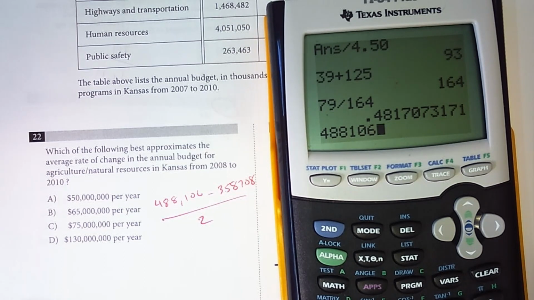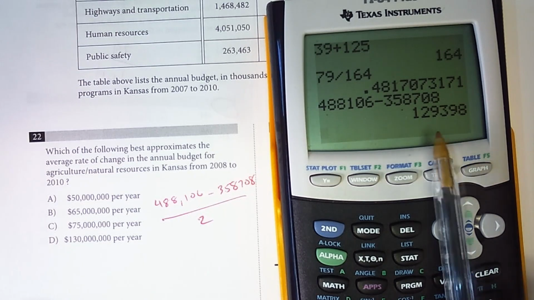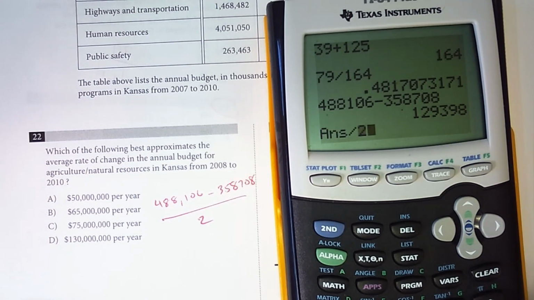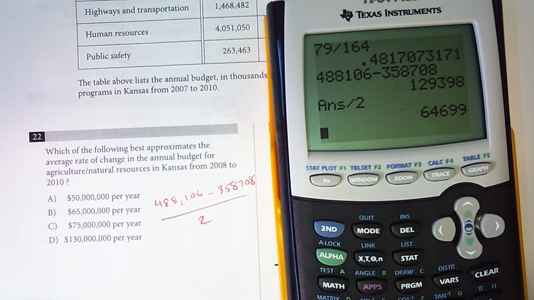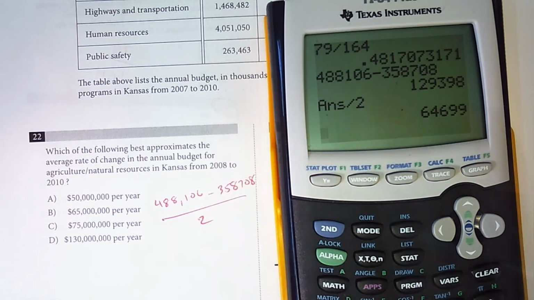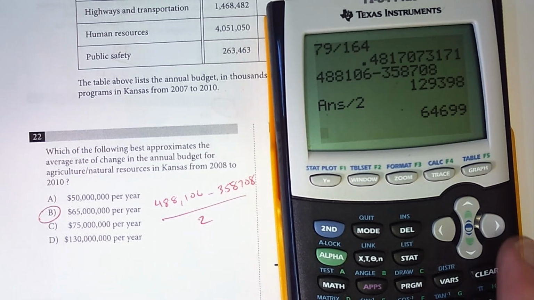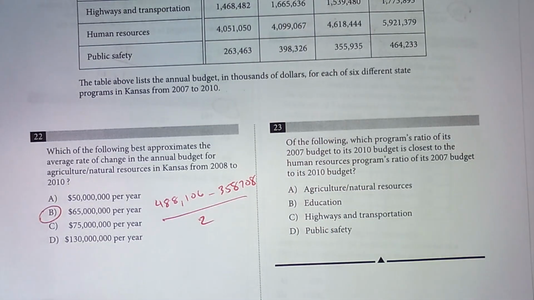So I've got 488,106 minus 358,708, and that's how much it went up over those 2 years. Divide by 2, and the average increase is 64,699. But again, this is in thousands, which means I need to add 3 zeros to that. So it's 64,699,000, which is closest to 65 million per year.